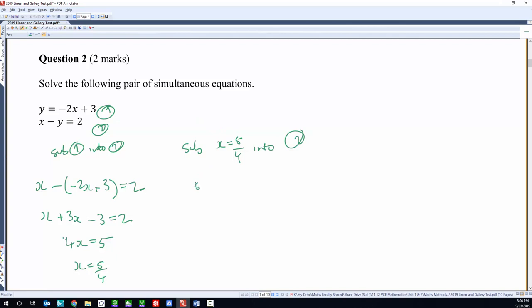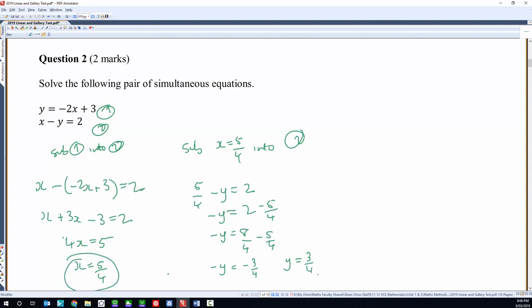So I've got 5 on 4, take y equals 2, negative y equals 2, take away 5 on 4, negative y equals 8 on 4, take away 5 on 4, negative y equals negative 3 on 4, or y equals 3 on 4. So there's our two solutions.